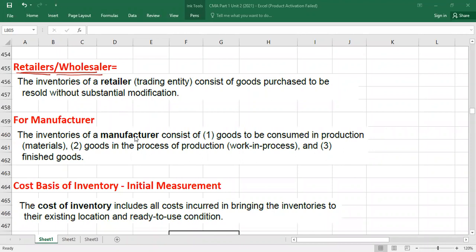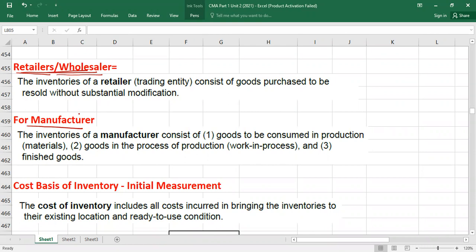So we were talking about two types of businesses. One is called retailers or wholesalers. And second, we have manufacturers. What I told you about retailers: these are those businesses which buy the product with the intention to resell, and obviously they are not the manufacturer.